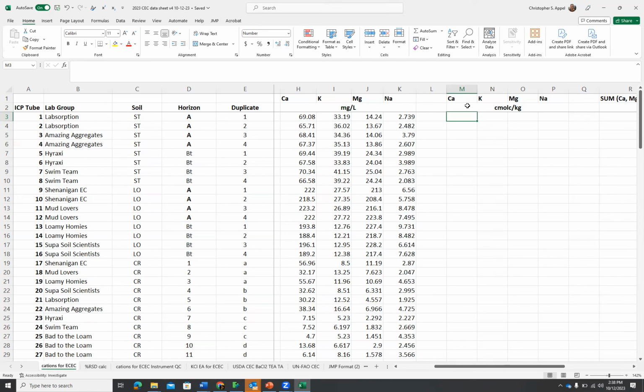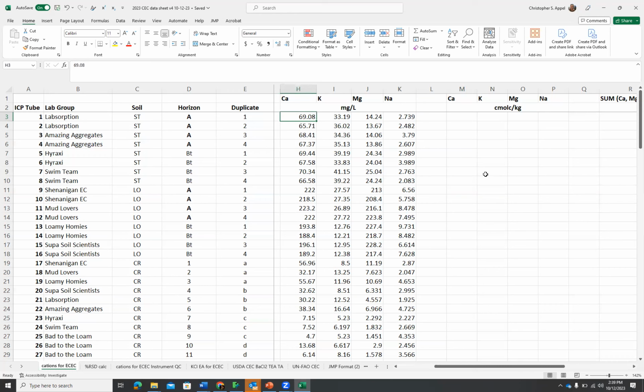So the sample I'm going to use is this one right here, for calcium. 69.08. So we got 69.08 milligrams calcium per liter, and I need to convert that to centimoles of charge calcium per kilogram of soil.